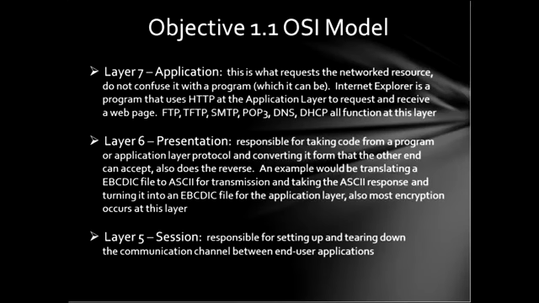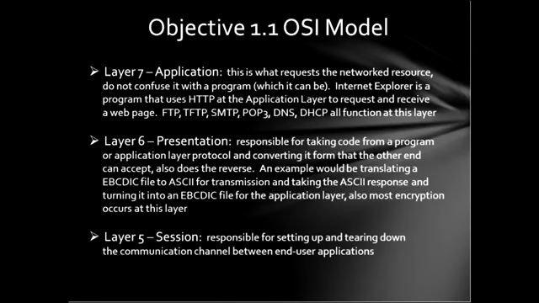One of the great examples is taking an EBCDIC file from the layer 7 and breaking it down into an ASCII for transmission, and then reversing it at the other end, making it an ASCII response into an EBCDIC file for the layer 7. Even if both layer 7 applications speak the same language, the presentation layer is still involved.